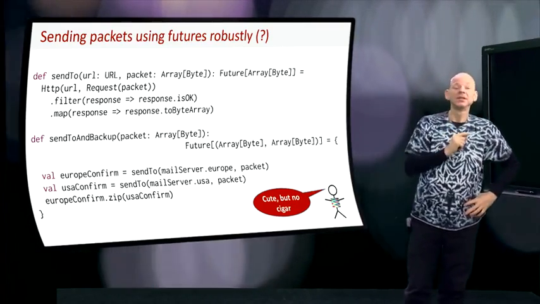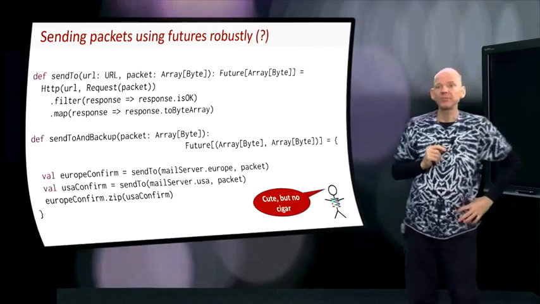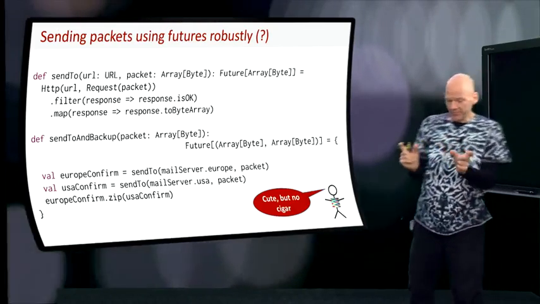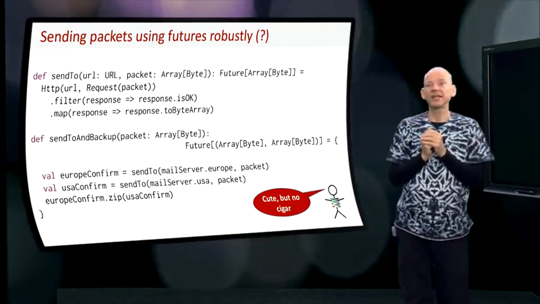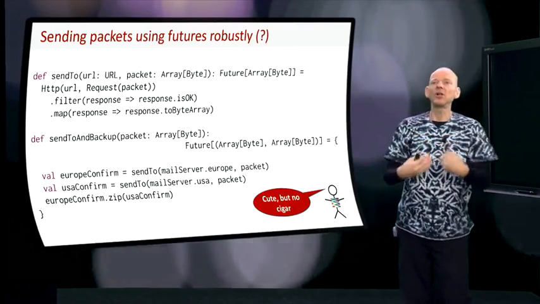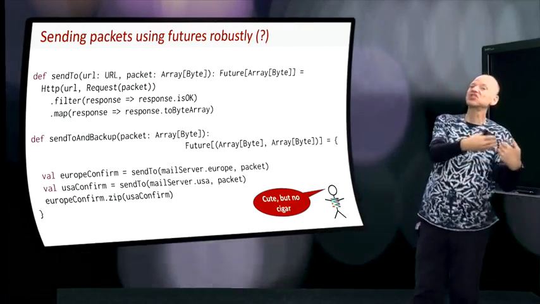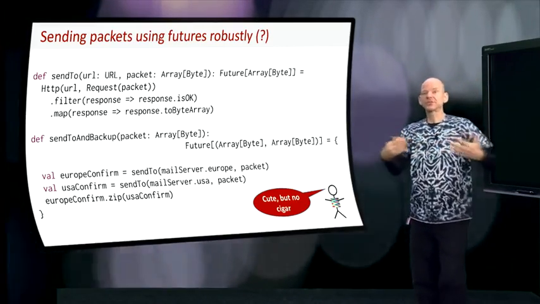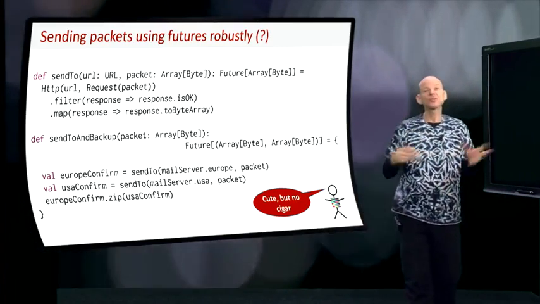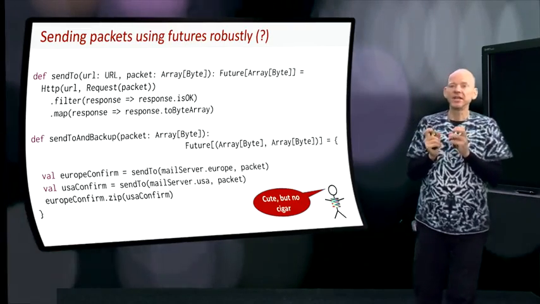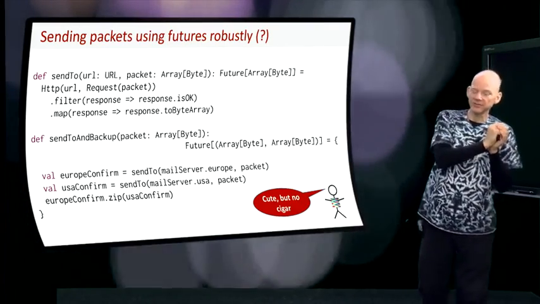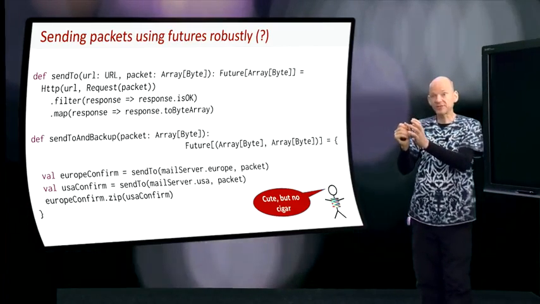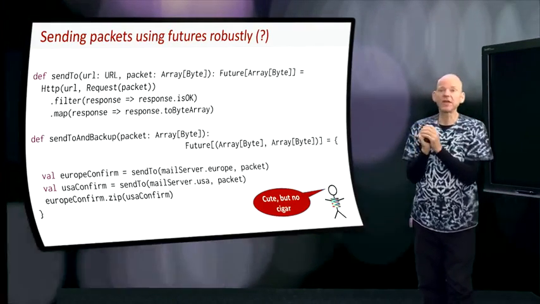Well, no. Because if you remember what zip does with lists, if it takes an empty list and another list, it will just return the empty list. So zip will always conform to the shortest list that you're zipping. And the same is true when you're zipping 2 futures. In that case, the error case is the empty list, and the success case is the non-empty list.